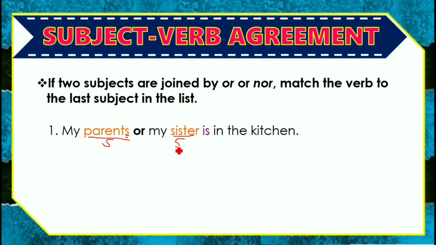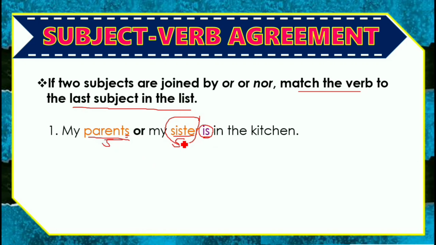It's also our subject, but what is the number? It is singular. Now, again, the rule is match the verb to the last subject in the list. So, between parents and sister, which one is the last in the list? It's the sister. Since sister is singular, we need to use an is.